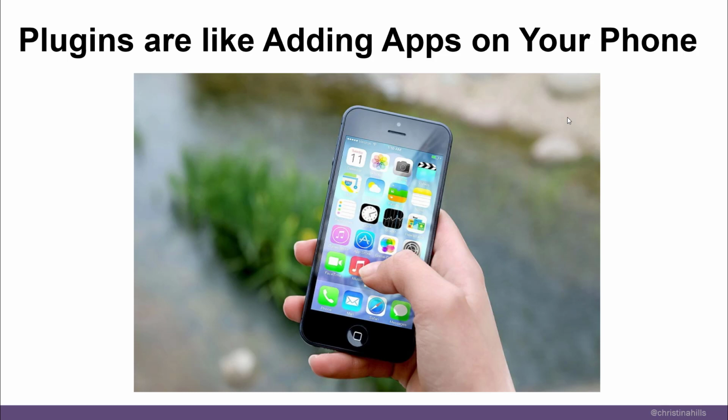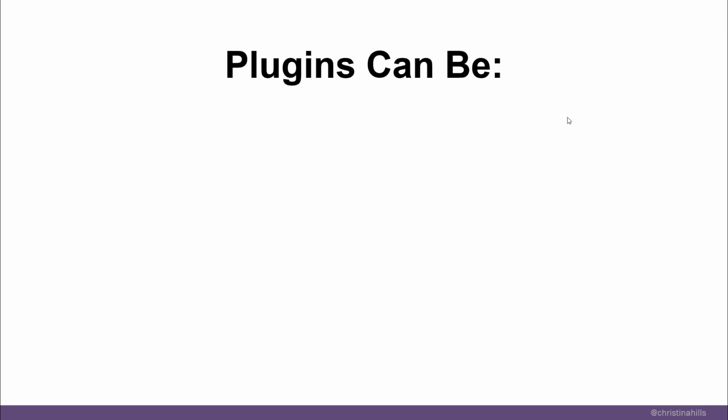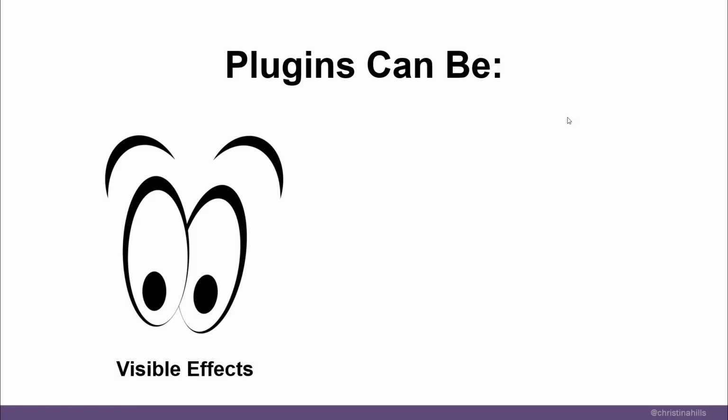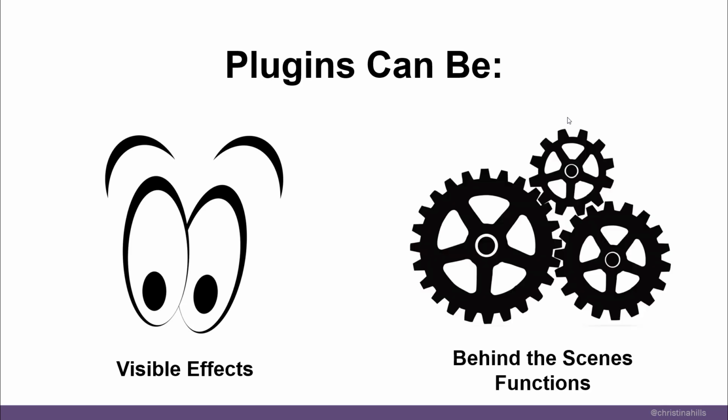And then there might be special things you want to do, like you might add the Clubhouse app, or the Instagram app or Facebook app, or maybe there are other things you want to do on your phone. Plugins are like adding apps. You add them on. And plugins can be visible effects, or they can be behind the scenes.